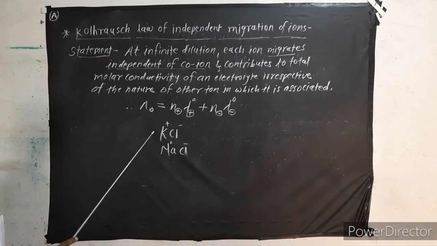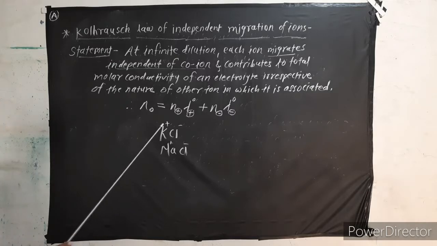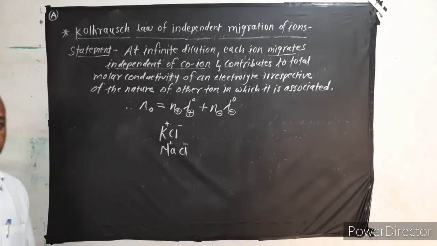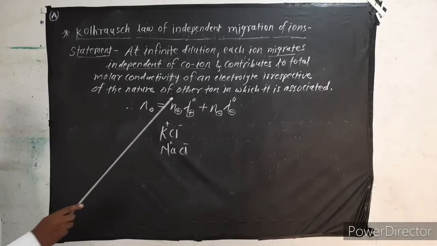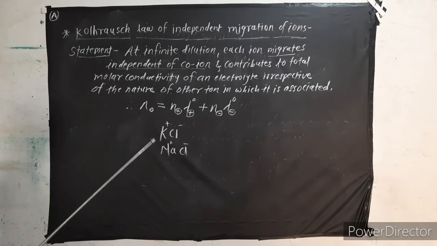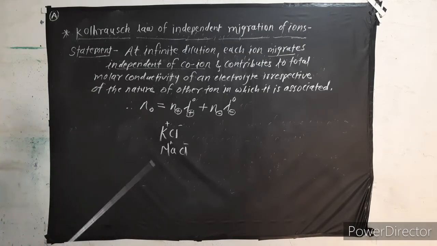These ions migrate in solution freely, but each ion still takes part in developing the molar conductivity of that electrolyte. Therefore, the total molar conductivity at zero concentration, that is at infinite dilution, is lambda 0.